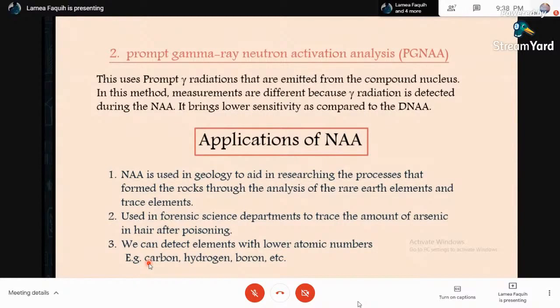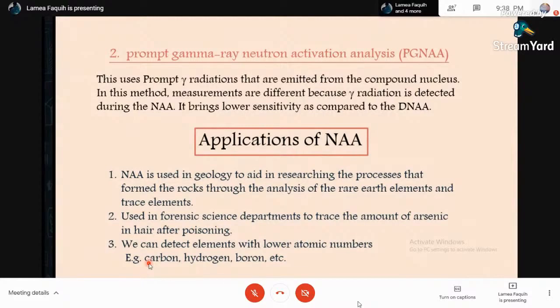But the advantage in this technique is that it is used for elements that have very low atomic numbers. So we can understand how we are determining the quality as well as the quantity of the element present in my sample or my source.